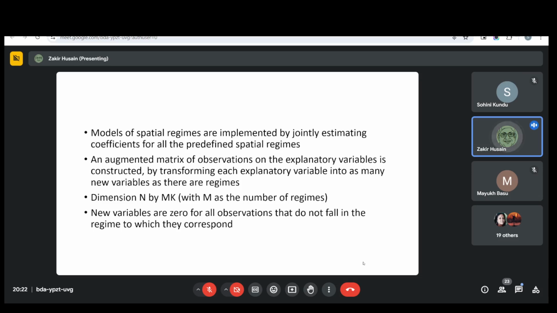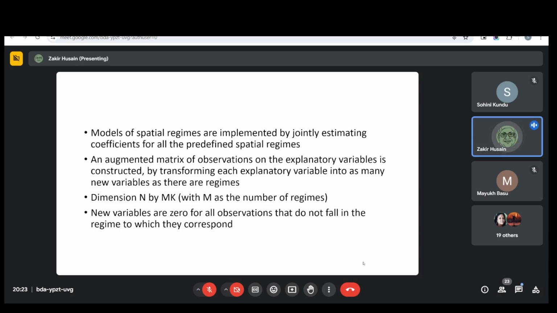So let us suppose that you have m number of regimes, and let us say for simplicity, you have only one explanatory variable. So you have y and you have just x1. What we do is, this x1 is transformed into a number of variables.